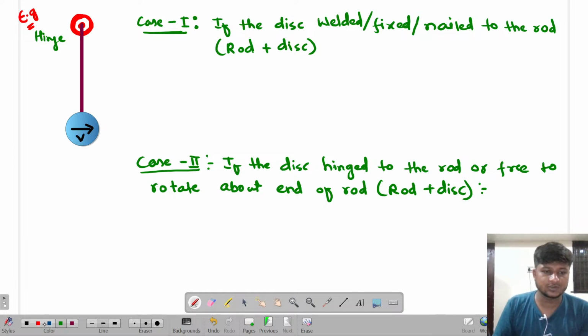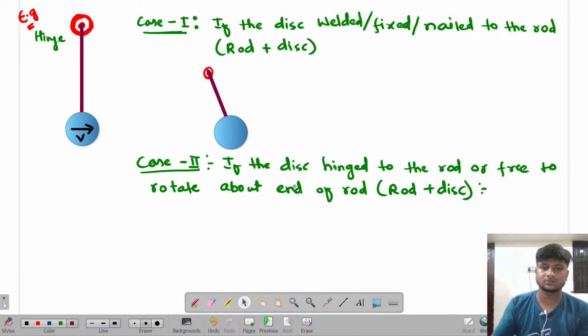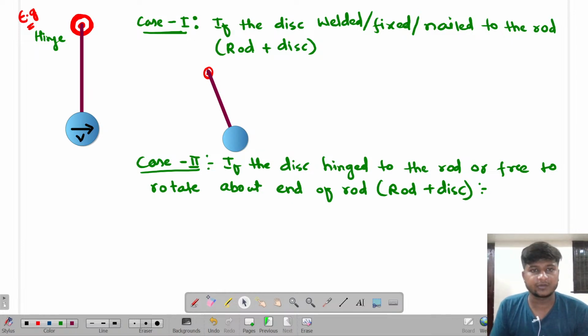So let's suppose if this is a hinge and if this is my rod, got it? And if this is my disc, yeah. In the first case, the hinge is not moving. First case is the disc is not rotating or doing anything. Are you able to get me or not? In the second case, the disc is free to rotate.